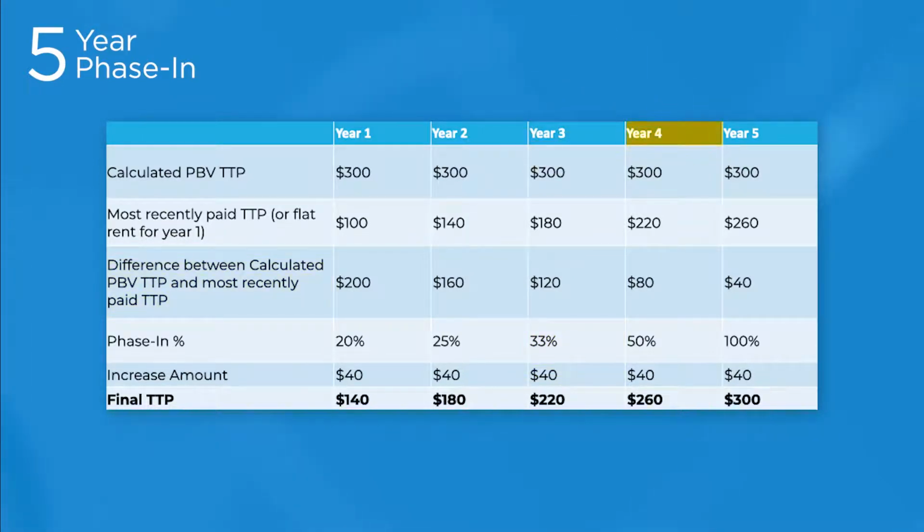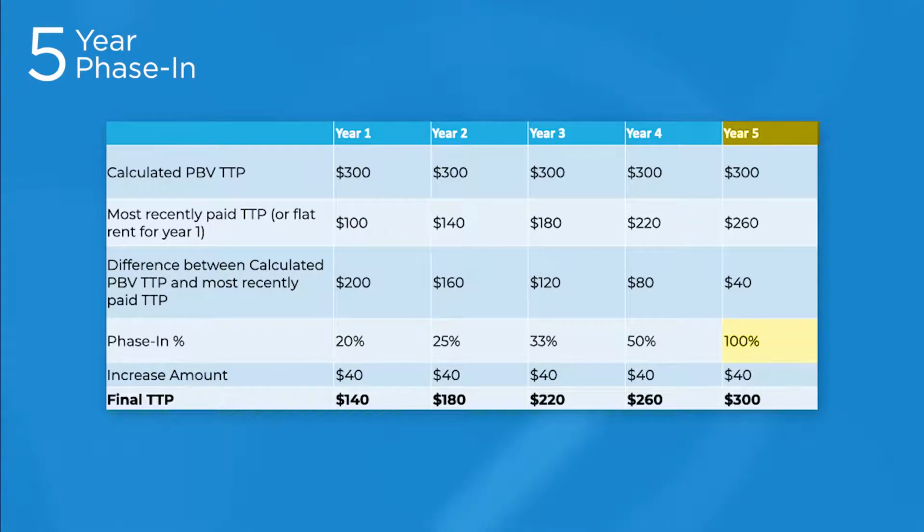At the fourth annual or interim recertification, the resident's contribution increases by 50% of the difference between the calculated PBV TTP and the most recently paid TTP. And in the 5th and final year of the phase-in, the resident will pay the full calculated PBV TTP.